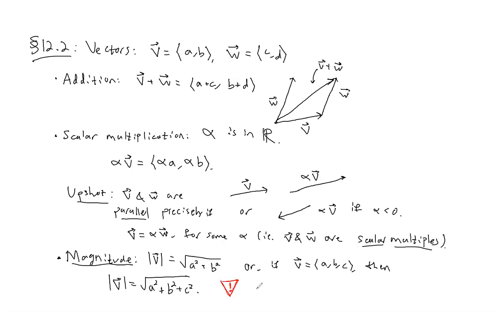Do not write that the magnitude of V is the same thing as the vector (|a|, |b|, |c|). It means something completely different. It means the total length of the vector. That just gives you a vector of positive numbers, and a length cannot be a vector. A length is a number, just like in the English word length. So don't do that.